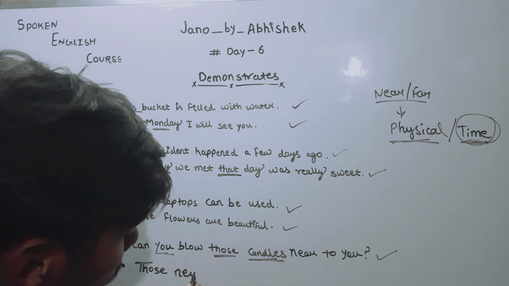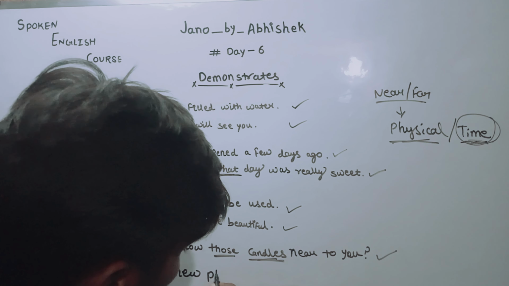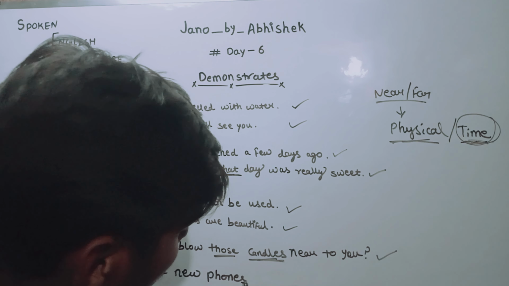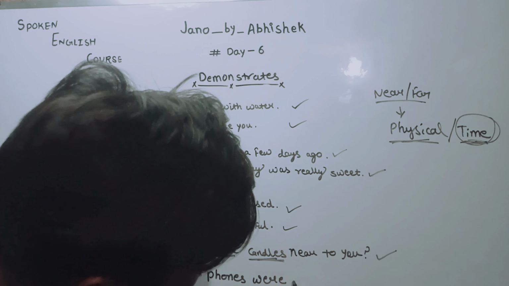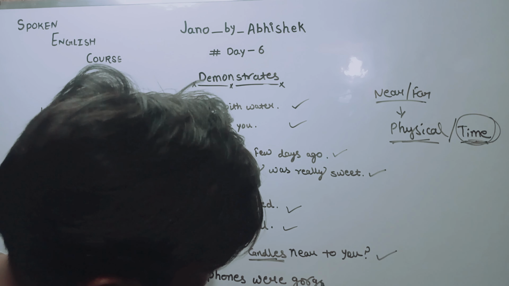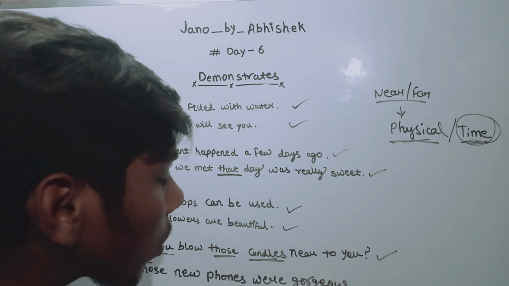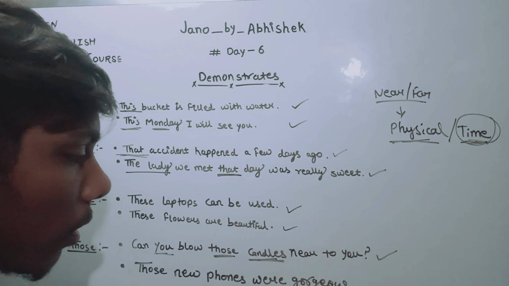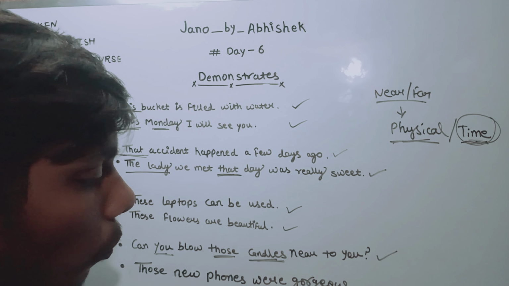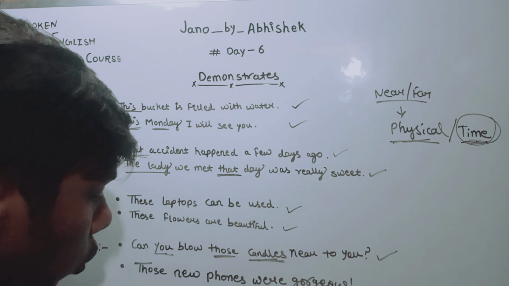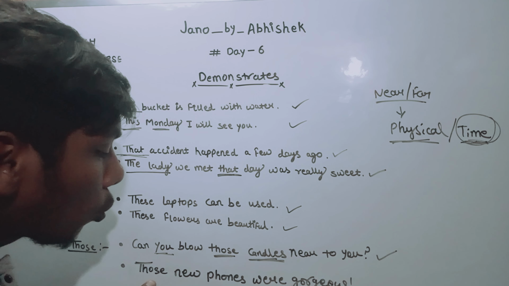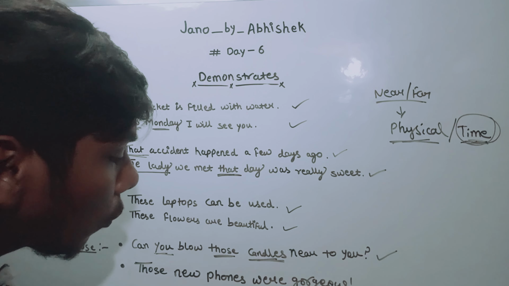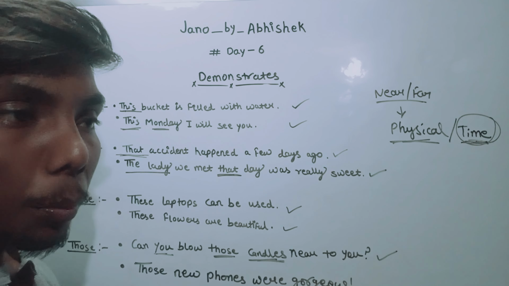Let's see a new example. Those new phones were gorgeous. Gorgeous means fabulous, very good, very nice. Here I'm using those to point out the phones which are not near to me.